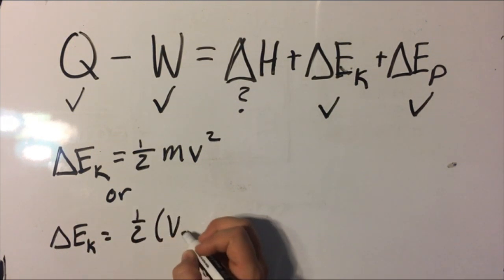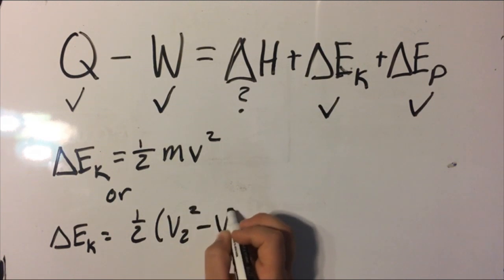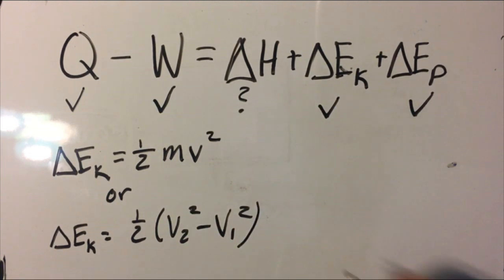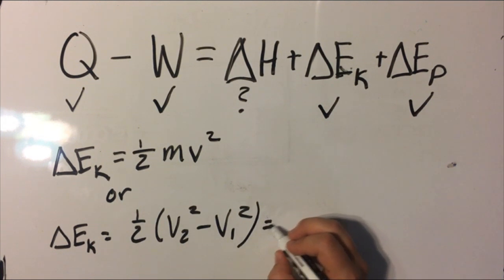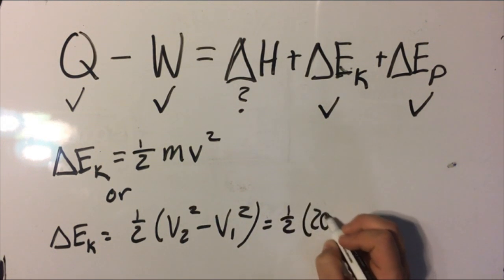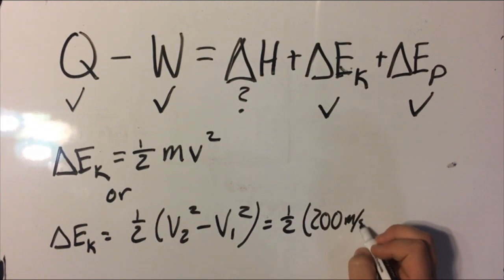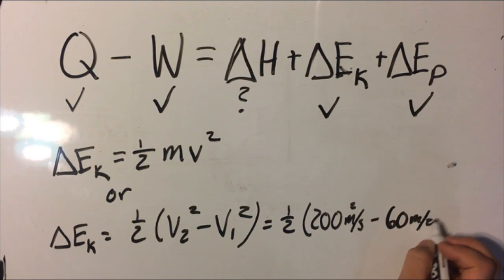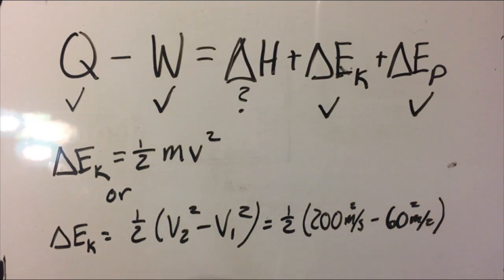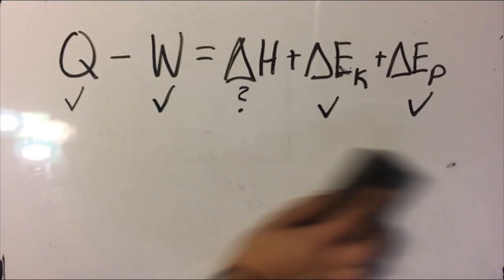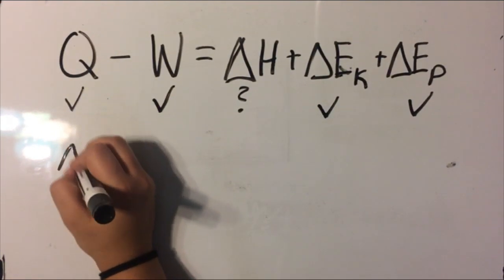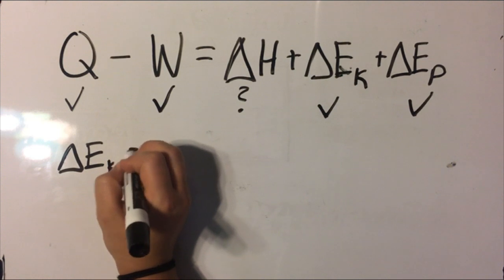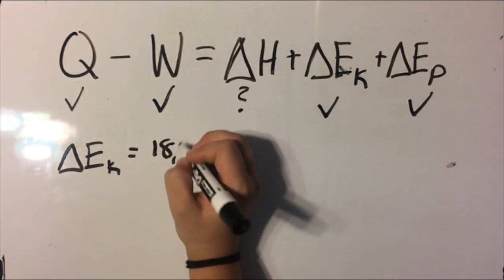That'll be 1/2 our V2 squared minus our V1 squared, which in this case will be 1/2 our 200 meters per second squared minus our 60 meters per second squared. Once you do the math, this equals out to be 18,200.